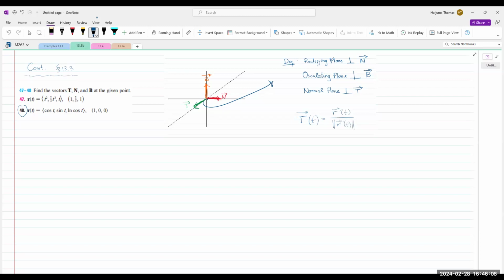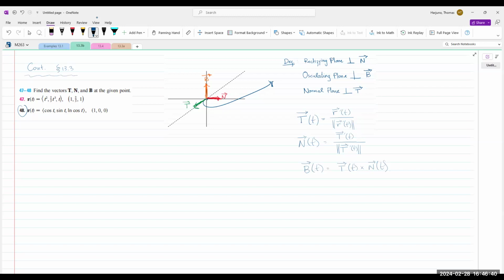The unit normal vector is the derivative of the unit tangent vector divided by its own length again. While the binormal unit vector is T cross N. Now let's apply that here.